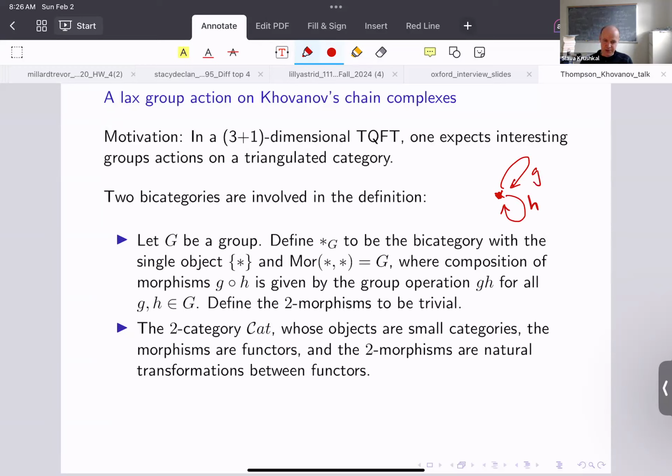The composition of morphisms just corresponds to the multiplication in the group, in this case, the Thompson group. And then 2-morphisms are trivial. Then the other category is the 2-category Cat, which is a standard thing that people consider. The objects are small categories, morphisms are functors, and 2-morphisms are natural transformations between functors.